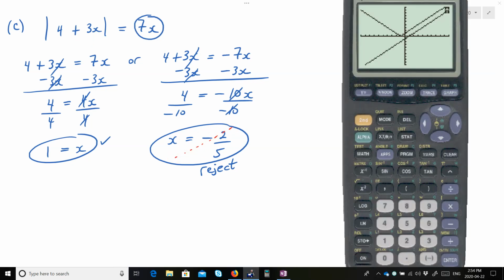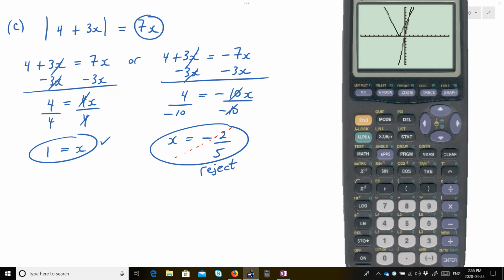Okay, if you want to see a quick graph of this one, it would be the absolute value of 4 plus 3x, and then we're going to compare that with 7x.